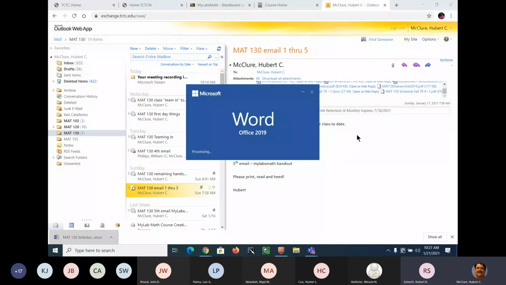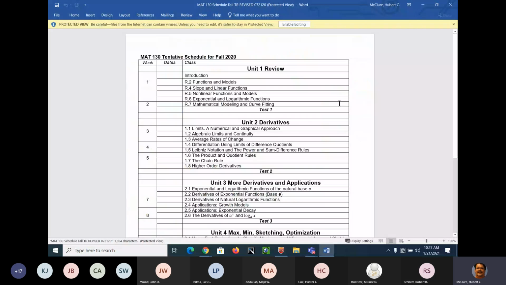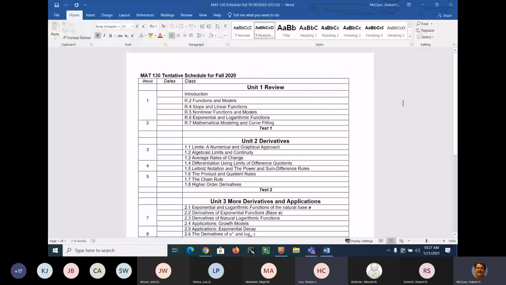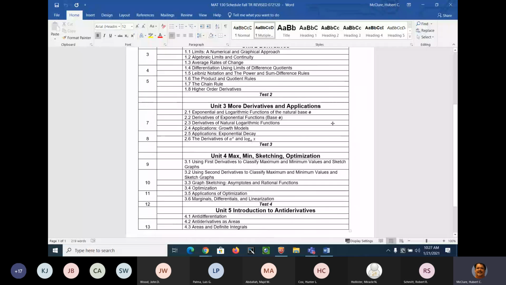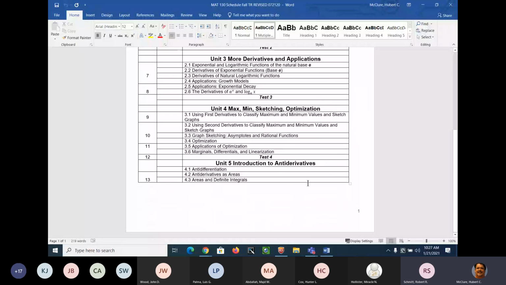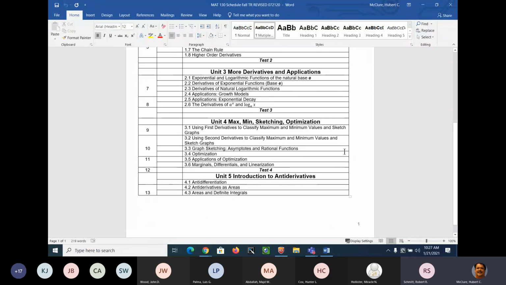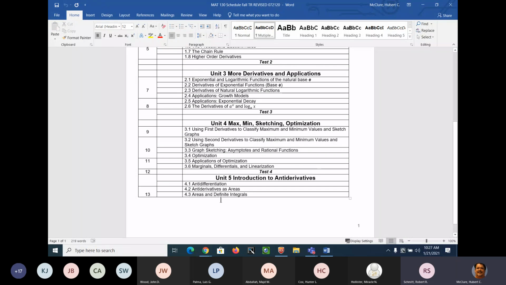I want you to print this out, and I want you to treat it as a Bible. Okay? This is what we are going to cover. Now, I can tell you right now that we're going to change Unit 5, and we're going to put Unit 5 behind Unit 3.